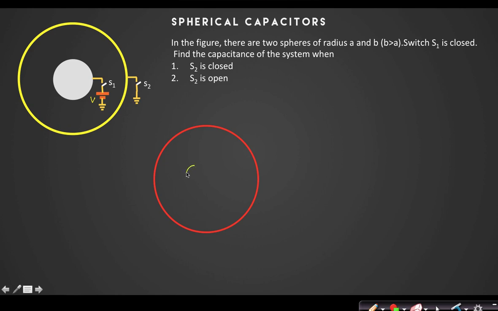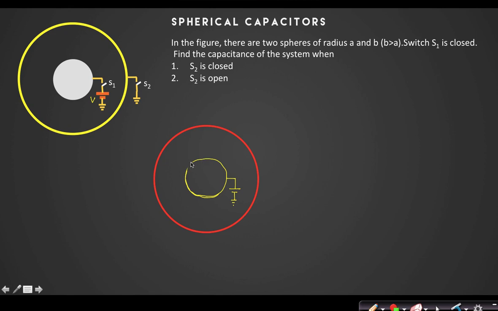For example, here in this case, the inside shell or inside sphere, whatever it may be, after closing that switch S1, acquires a charge plus Q. Definitely it will be on the outer surface, but as it's a volume, I have written it here like this.